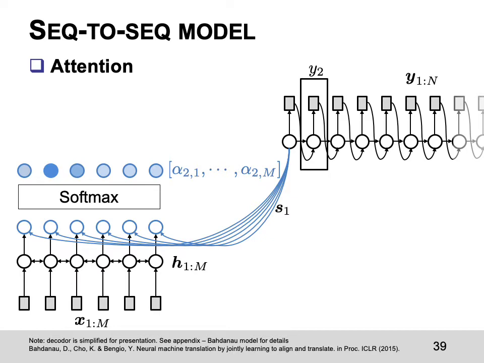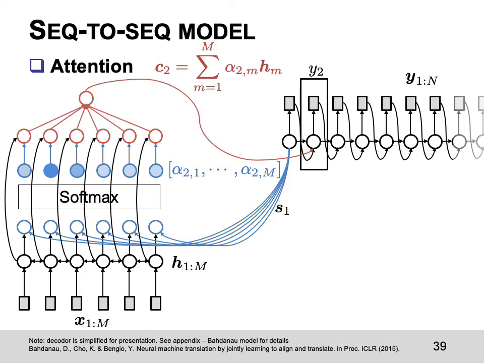After that, we extract some kind of weight vectors through the softmax layer. Then we do a weighted sum over the input information and produce the vector C2 here. We can use this C2 vector as an input to the decoder and produce the Y2 vector. So this is how the context information can be calculated for the second time step.